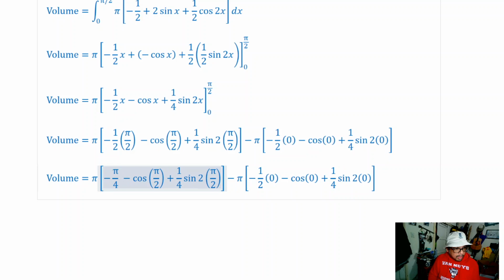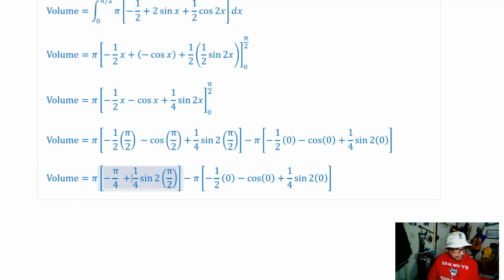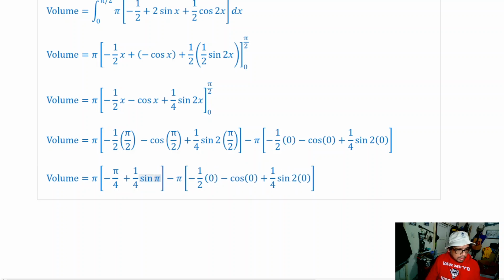Cosine of pi over 2 is 0, so we can get rid of that completely. Sine of 2 times pi over 2 is pi, so we can change this to a pi. And then sine of pi is also 0, so we can just get rid of all of that.